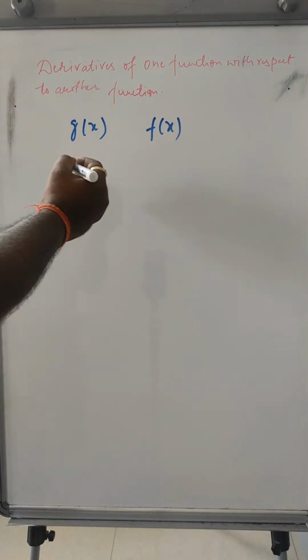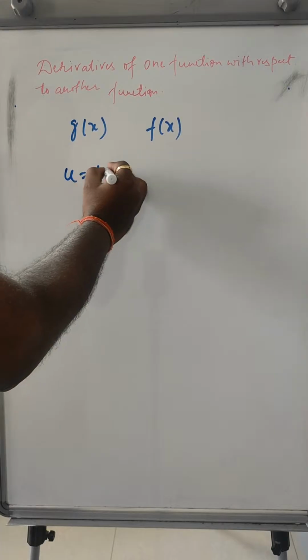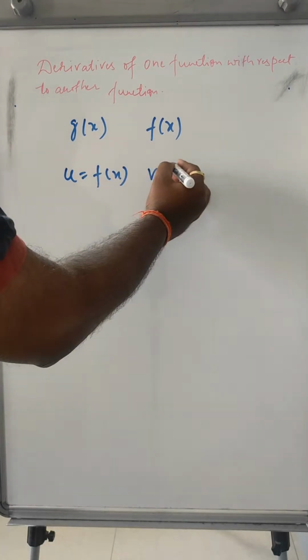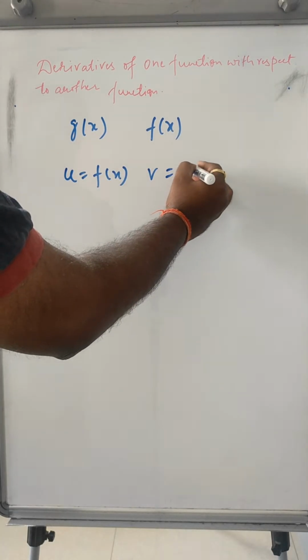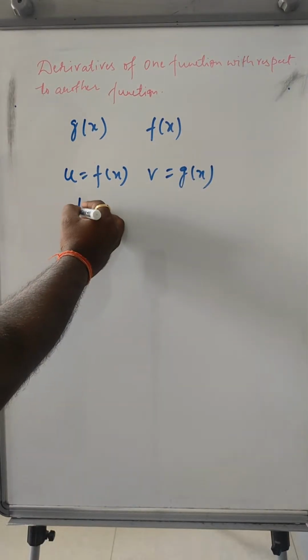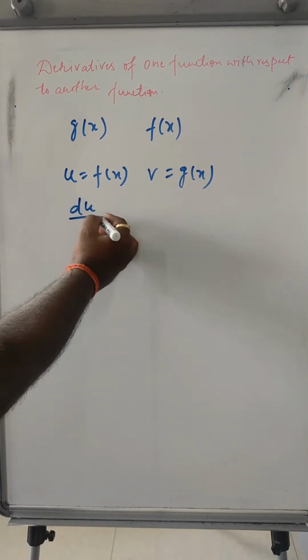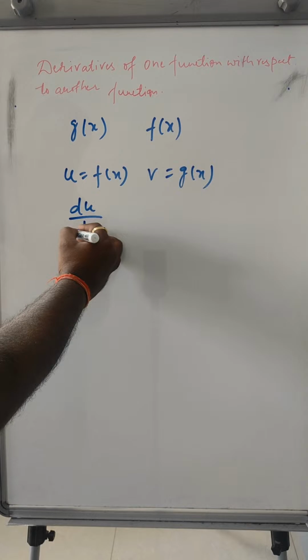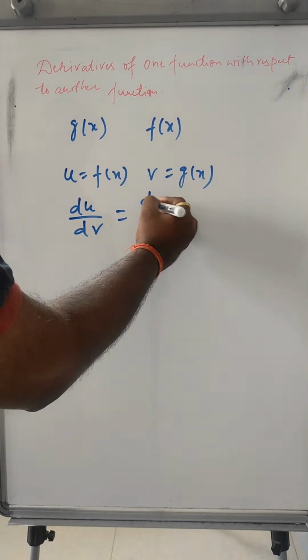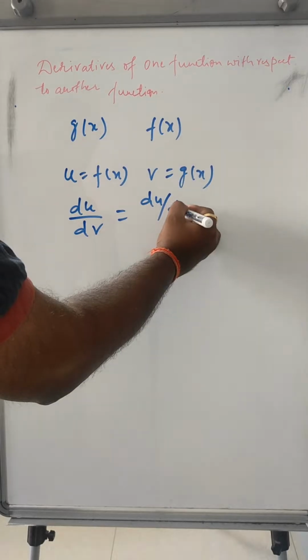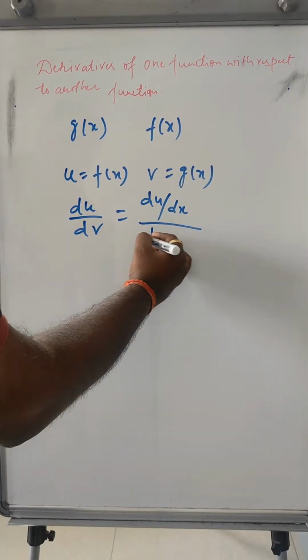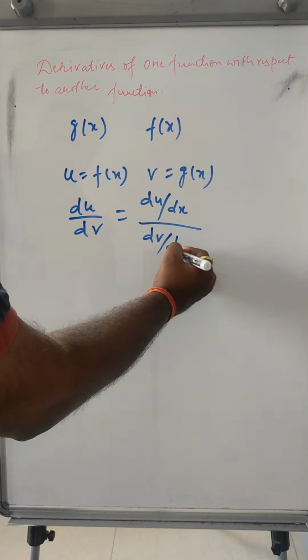If we take u is equal to f(x) and v is equal to g(x), then here we have to find du by dv, meaning du by dx divided by dv by dx.